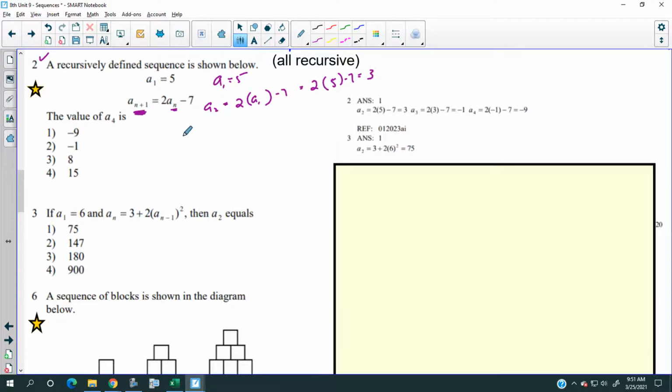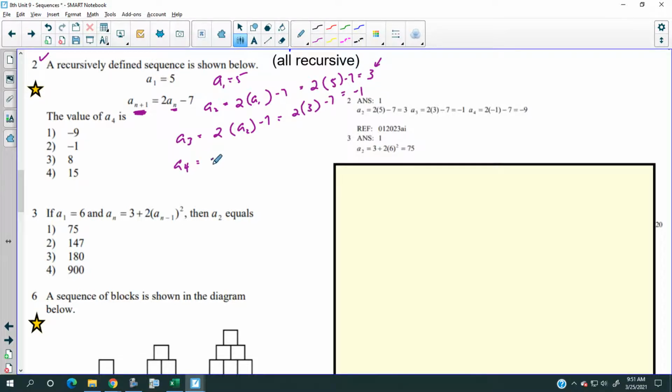So what about A3, the third term? It's 2 times the term before that, which is A2, and then take away 7 again. 2 times A2, which is 3, this 3 right here, minus 7. So that's 6 minus 7, that's negative 1.